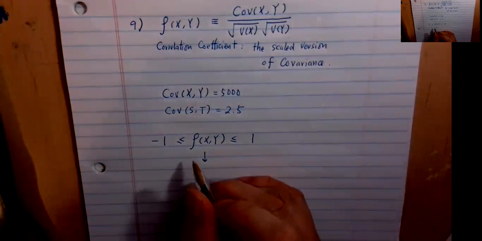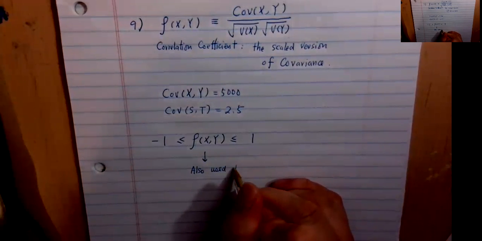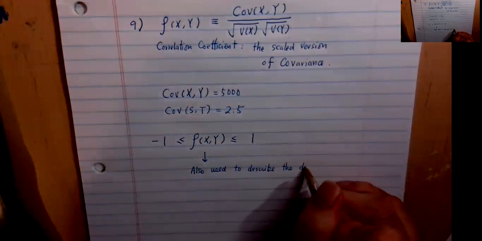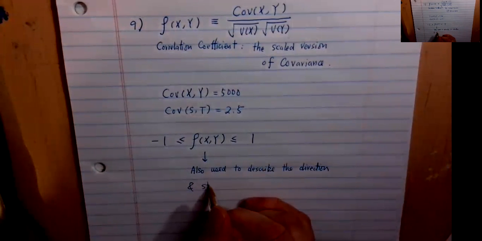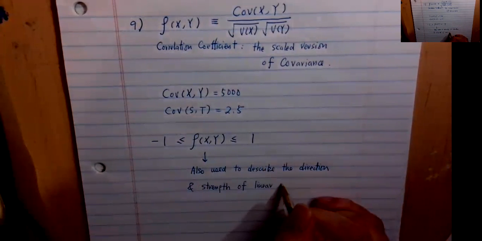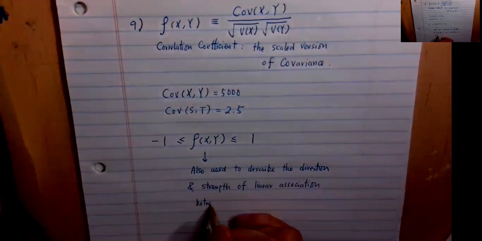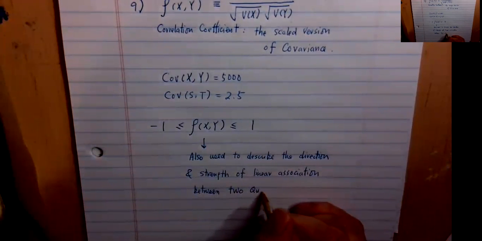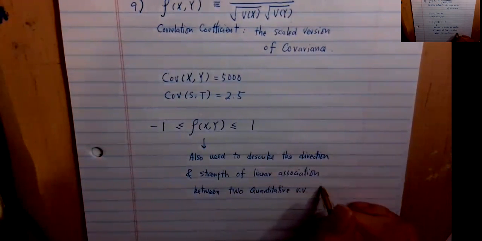Correlation coefficient is also used to describe the direction and strength of linear association between two quantitative variables, x and y.